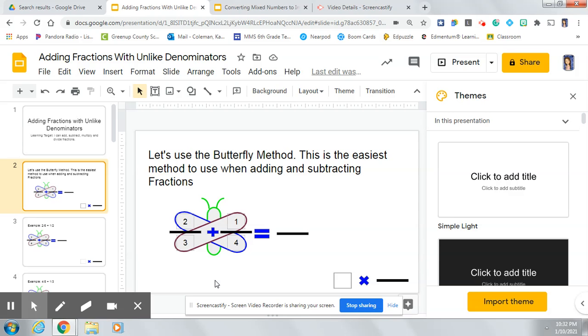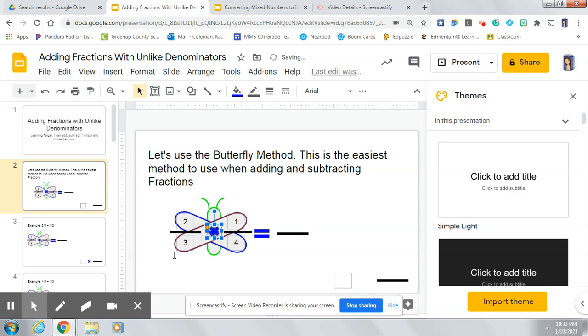Okay, we have a problem where we are adding 2/3 plus 1/4. The butterfly method works a lot with multiplication. So the first step is to multiply opposite sides of the wings. If you see this purple wing that goes from the bottom left to the top right, you would have to multiply those two numbers.